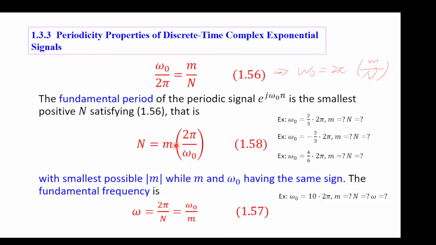Okay, so omega naught is 2/3 times 2 pi, then you just eyeball this and see your m is 2 and N is 3.